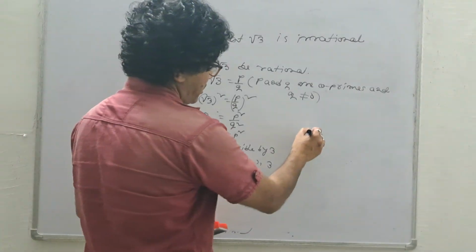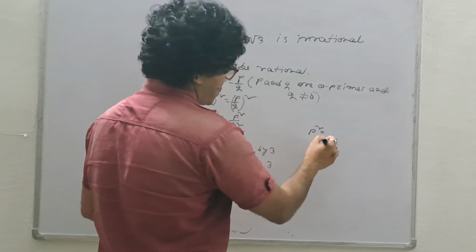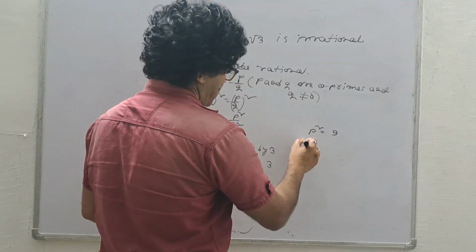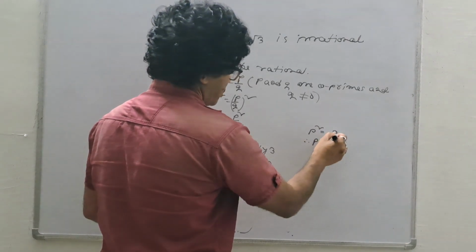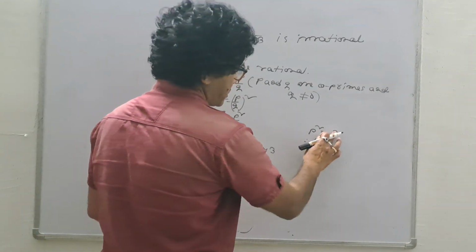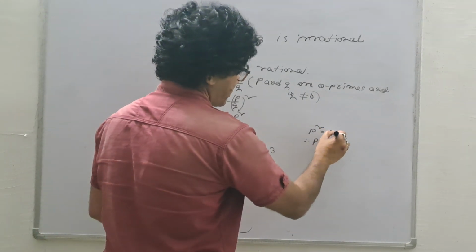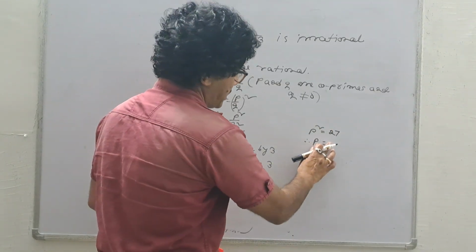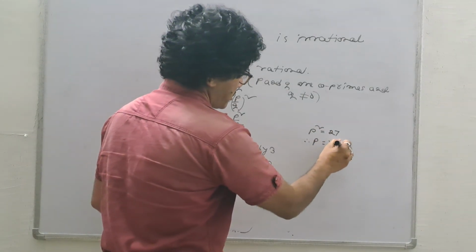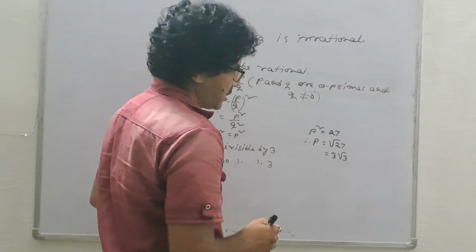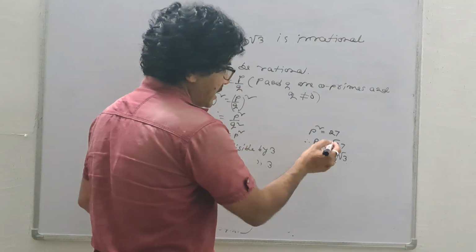Suppose p squared is equal to 9. Then p is equal to 3. So 9 is divisible by 3. That means p is also divisible by 3. Suppose p squared is equal to 27. Then p is root over 27, which means 3 root 3.